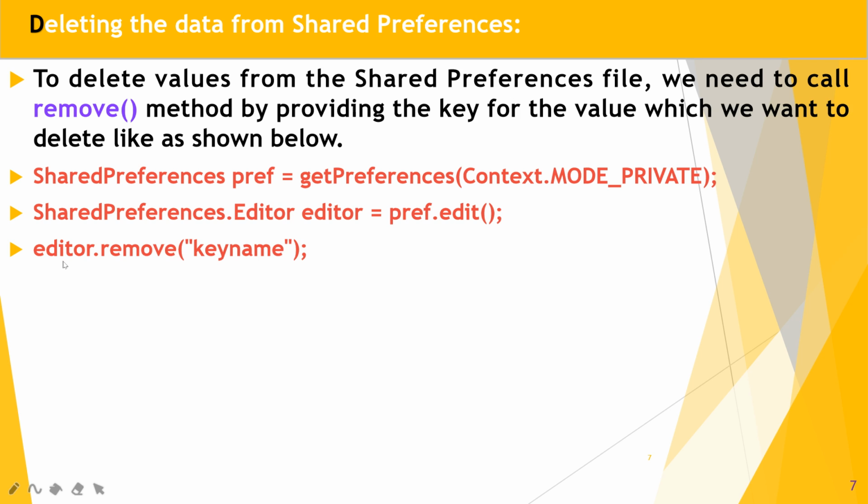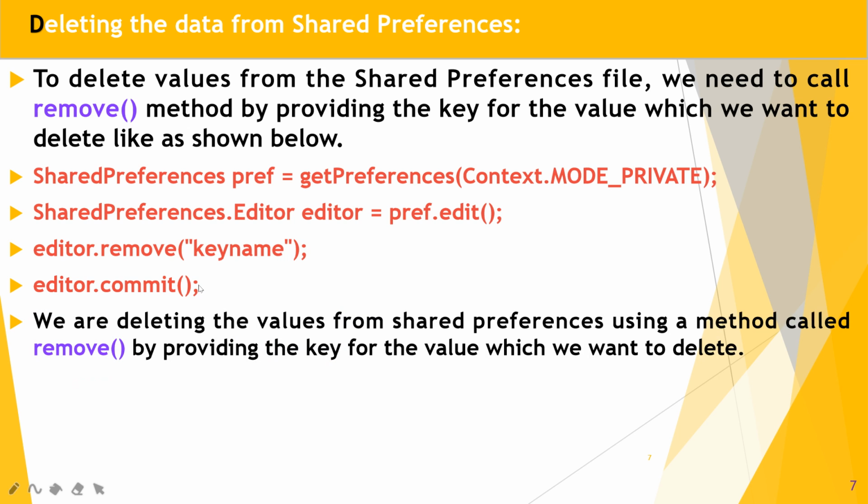So editor.remove method and editor.commit to save the changes. So we are deleting values from the shared preference file using the remove method by providing the key for that value which we want to delete.